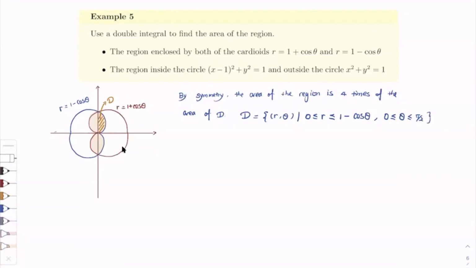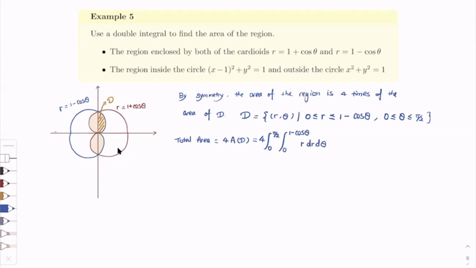That's my D. So my total area equals 4 times the area of D, which is 4 times the integral of theta from 0 to pi over 2, and r from 0 to 1 minus cosine theta, of r dr d theta.